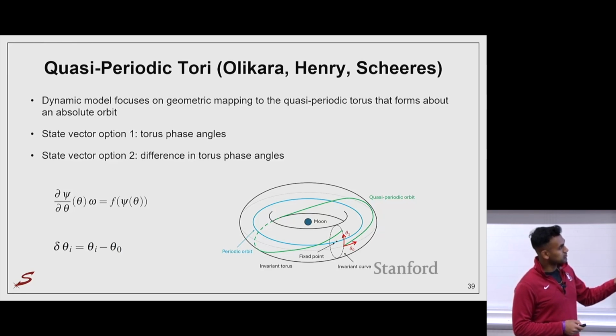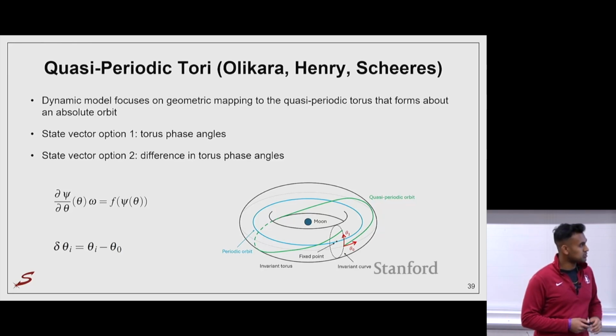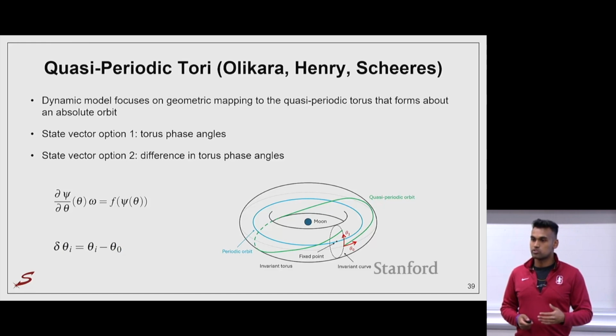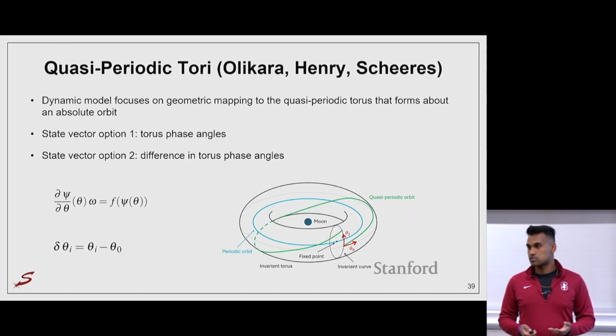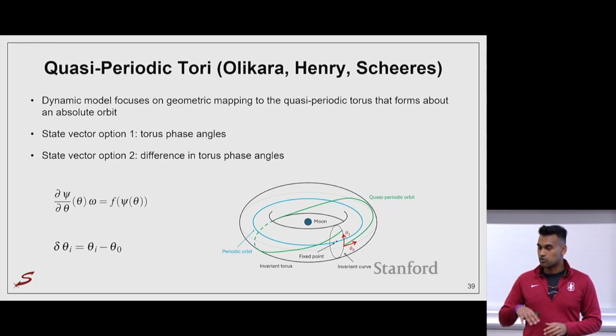Several authors have taken this approach using multiple methods. First, you could define the quasi-periodic orbits themselves by taking a perturbation from the original absolute orbit, simulating those quasi-periodic orbits and finding that QPO family.